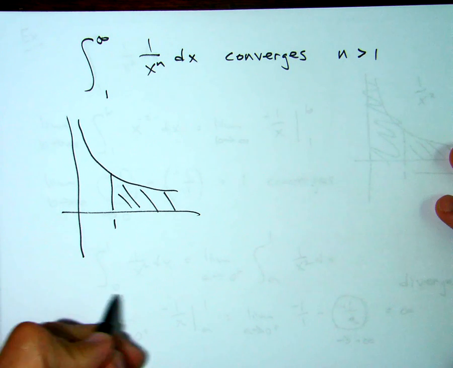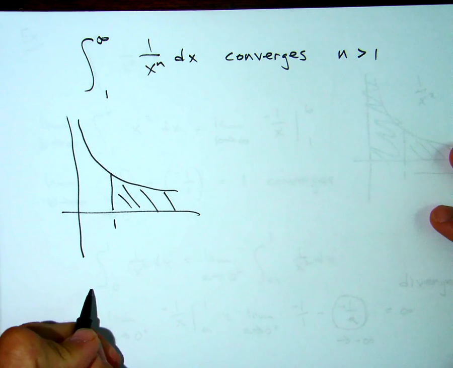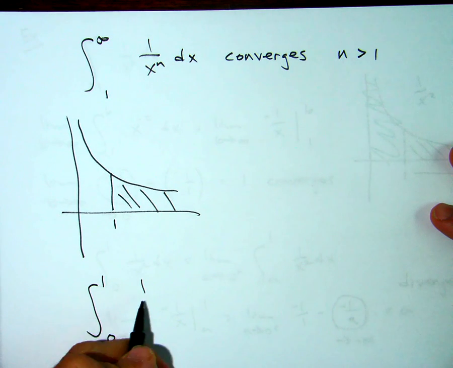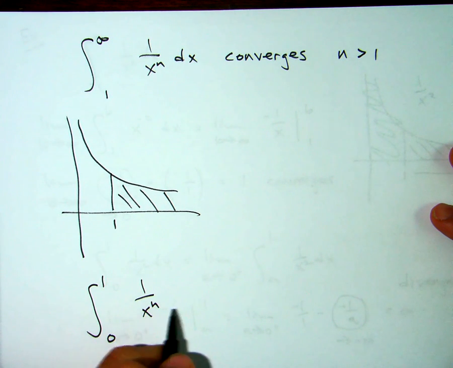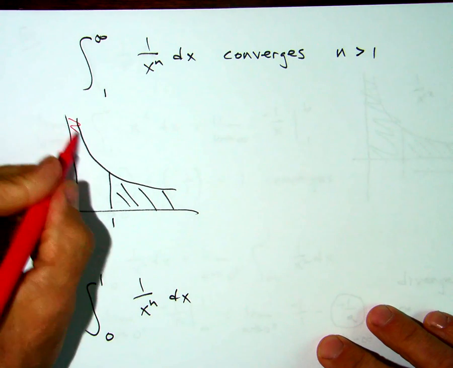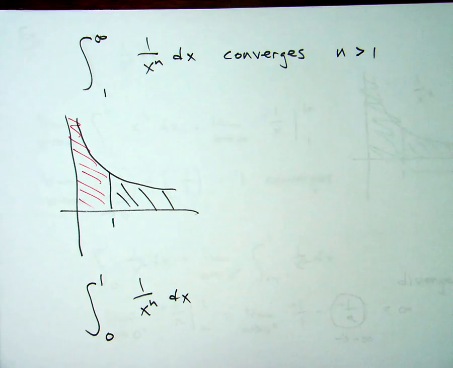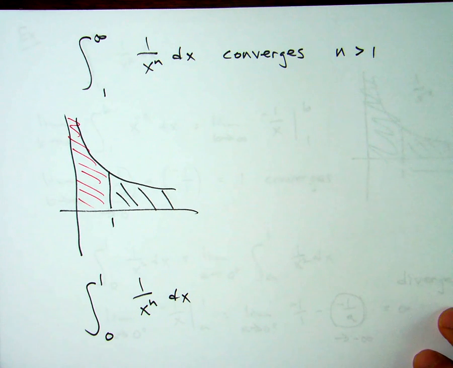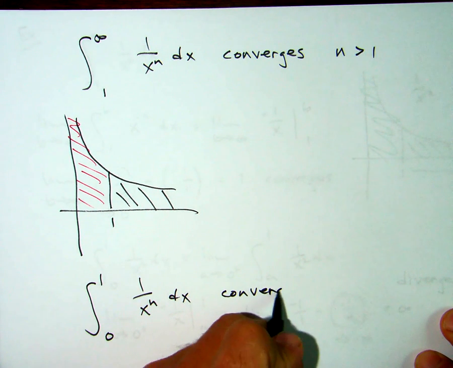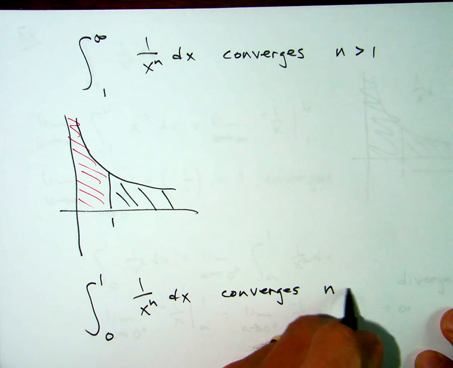Whereas if we're looking at the integral from 0 to 1 of 1 over x to the n dx, at that point we are looking at this area right here. Then that converges when n is less than 1.